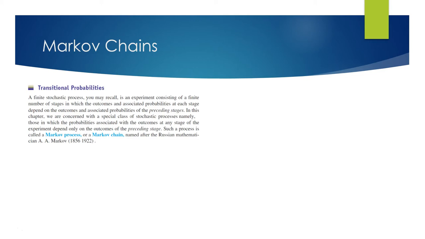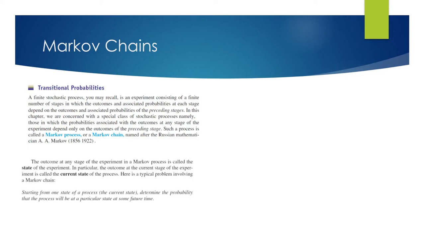Based on what happens at the preceding stage, you can predict what's going to happen in the future stages as time goes on and the trend continues. The outcome of any stage of the experiment is called a state. The outcome at the current stage is called the current state.